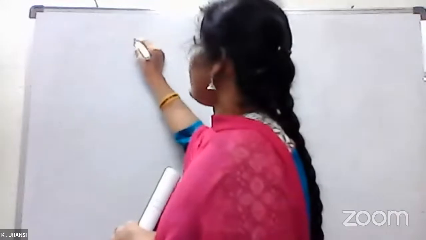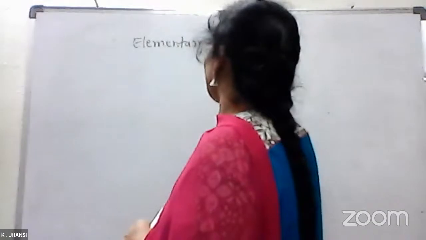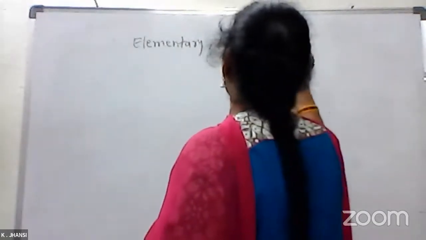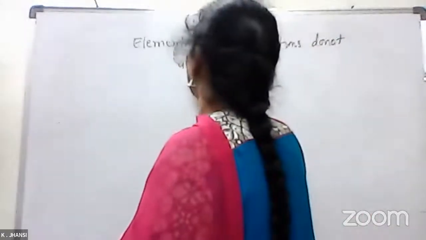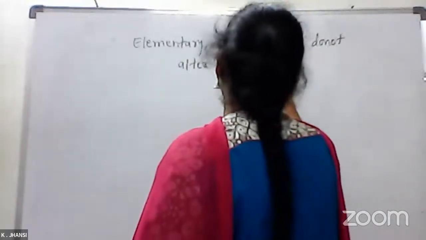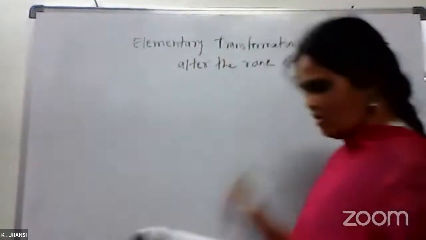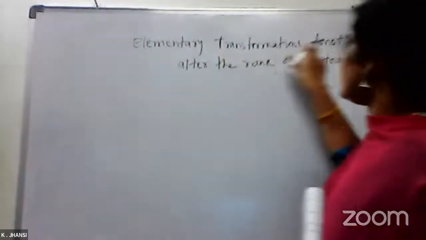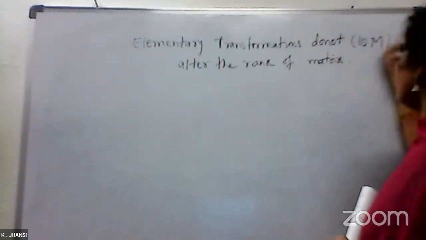They will ask in the examinations. Okay, this is the theorem you have on page number 75. Elementary transformations do not alter the rank of the matrix. This is the 10 marks theorem.